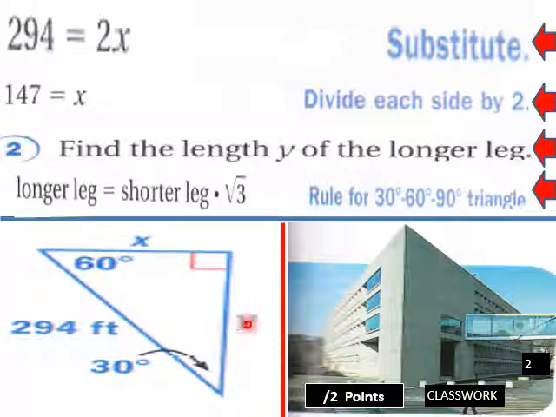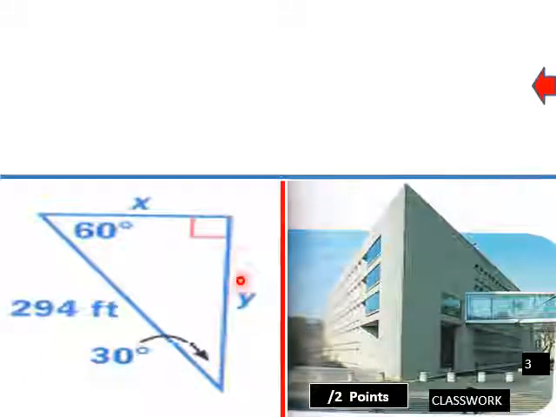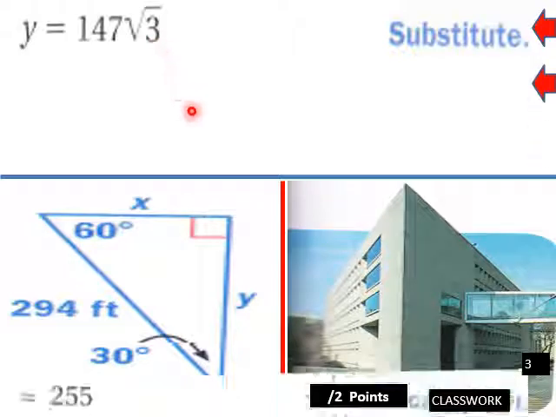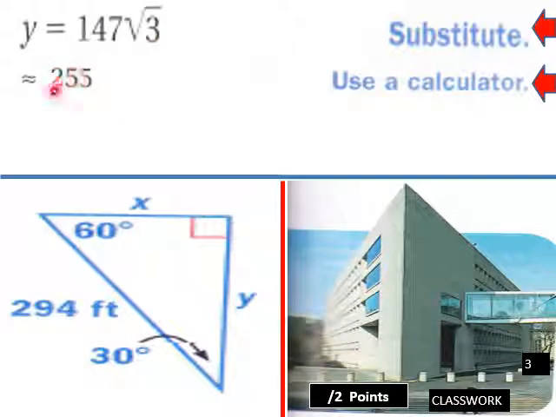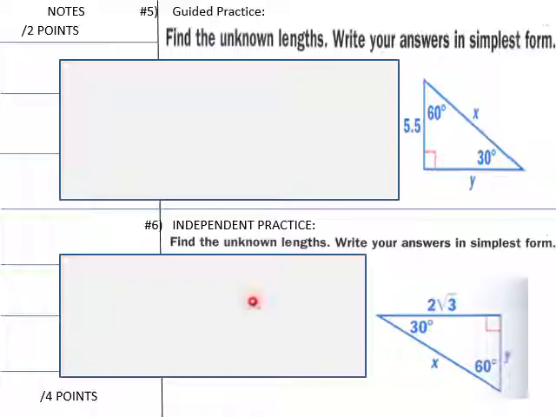That's our longer leg. So what is the length of y? 147 times square root of 3 equals y, and that comes out to be 255. So the length of the shorter leg is 147 for x, and the length of the longer leg is 255.